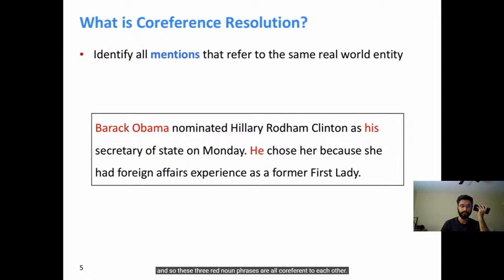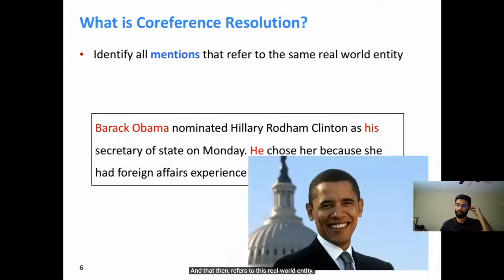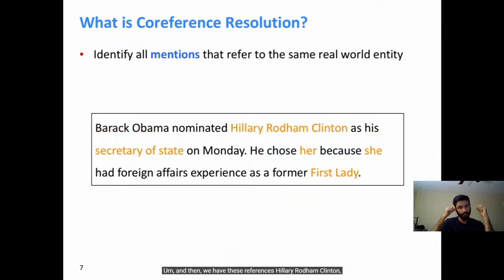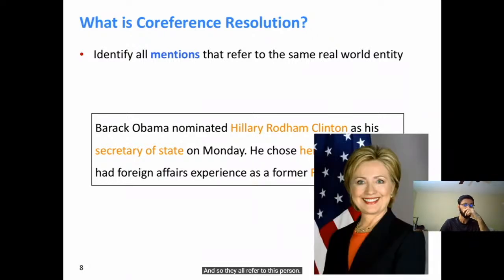And so these three red noun phrases are all coreferent to each other. And that then refers to this real-world entity. And then we have these references: Hillary Rodham Clinton, Secretary of State, her, she, First Lady. They're all references to a different entity, and so they all refer to this person. And so those are examples of coreference.